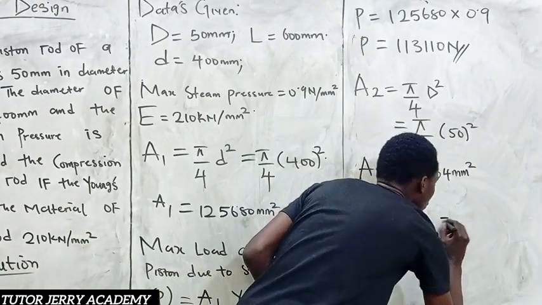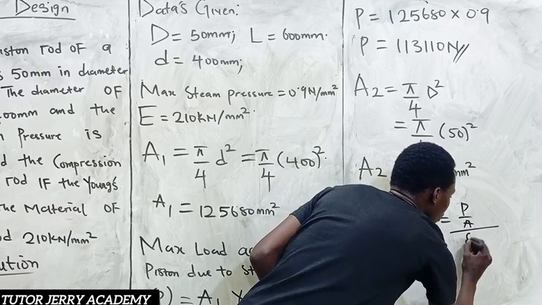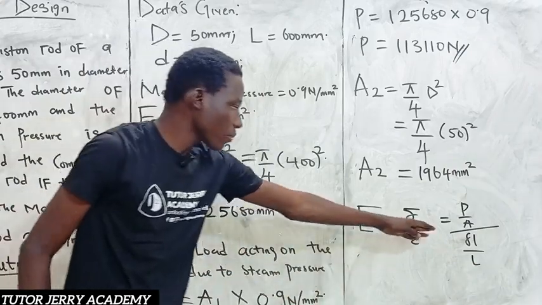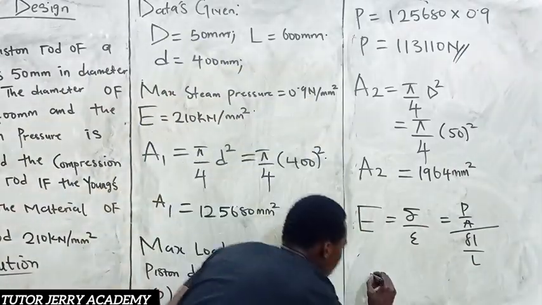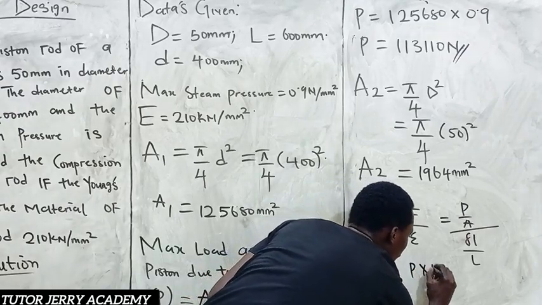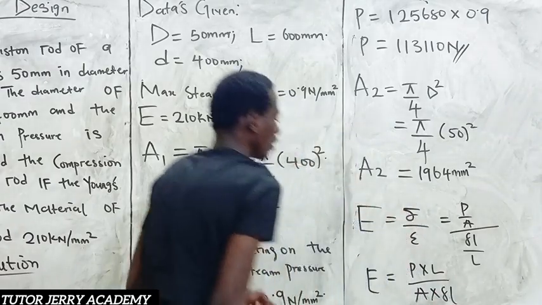This is also equal to force all over area all over change in length over original length. Of course, we can rearrange this and say that E is equal to P times L all over A times the change in length.